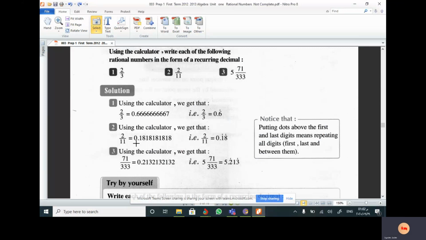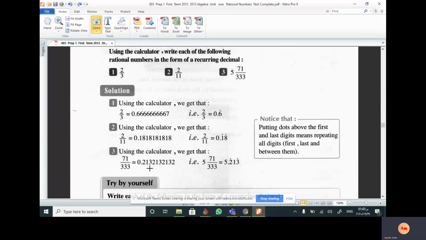2 over 11 will be 0.181818 and so on. Here you can see that we repeated 2 digits, 1 and 8. You will put a dot over the 1 and a dot over the 8. 71 over 333, you will get 0.213, 213, and so on.